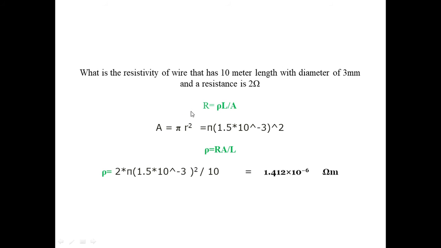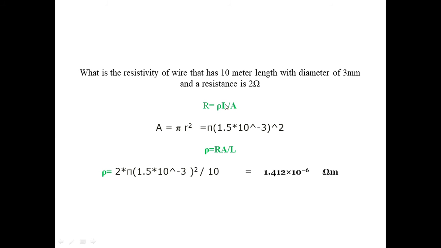So from our rule here, the resistivity rho is equal to R times A divided by the length of cable, and we have the length equal to 10 meter and A is equal to pi r squared.